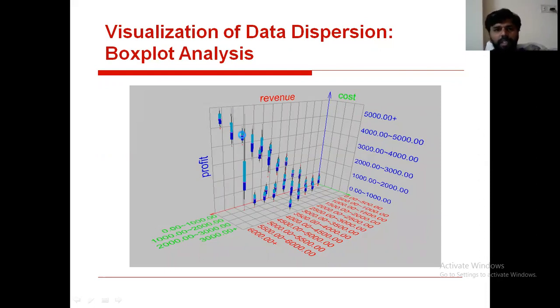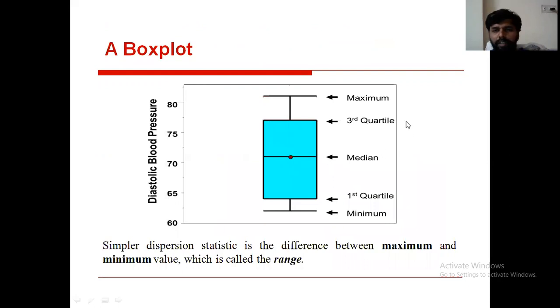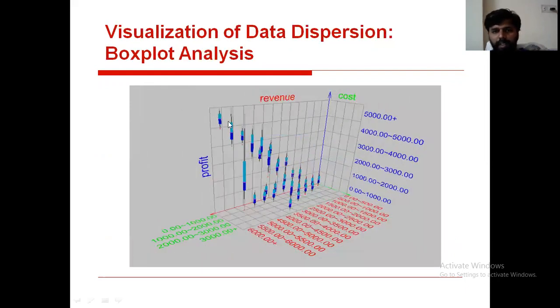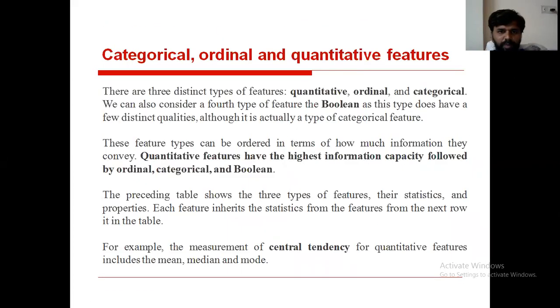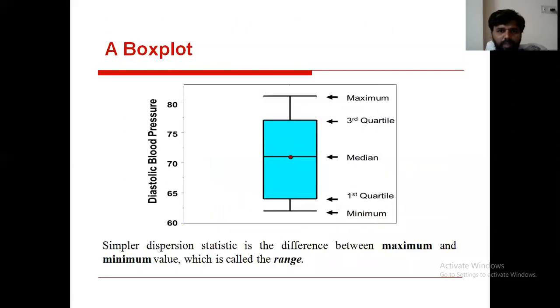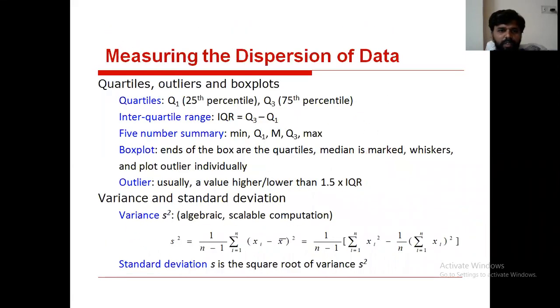See here, this is a single box plot, right? At each level we represent a box plot like this. Here the data is dispersed by using box plots.